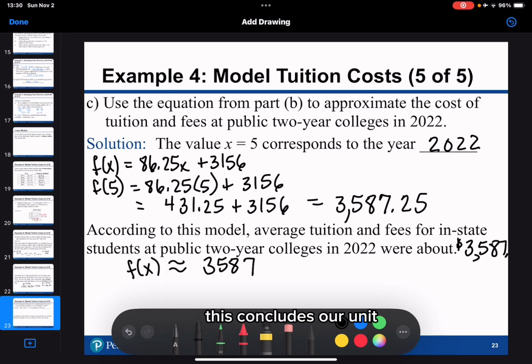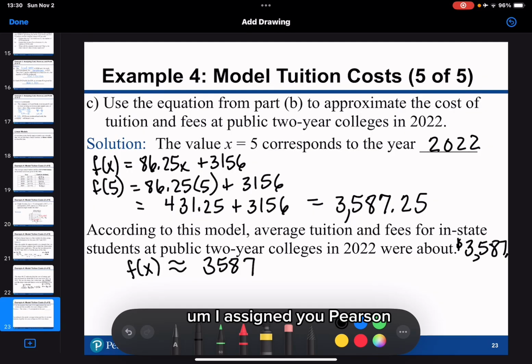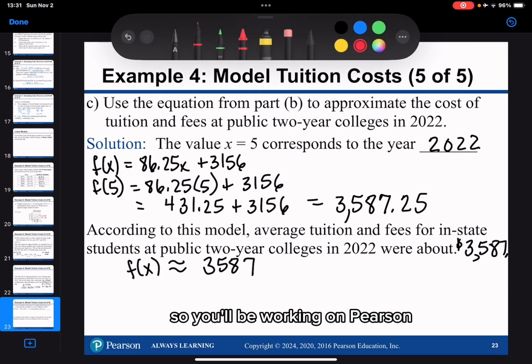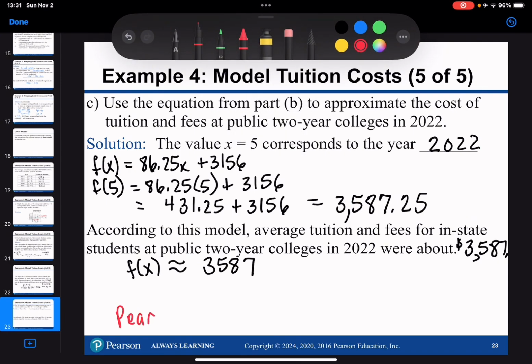This concludes our unit. I assigned you Pearson, so you'll be working on Pearson 8.4 practice. Again, the Pearson assignment is 20 points, and it's due Tuesday.